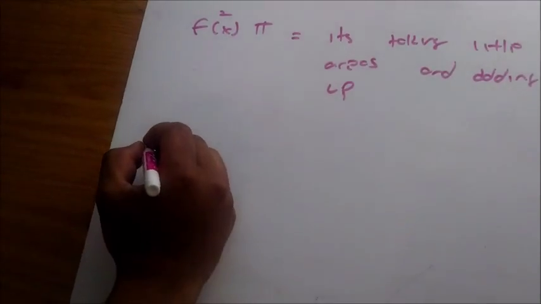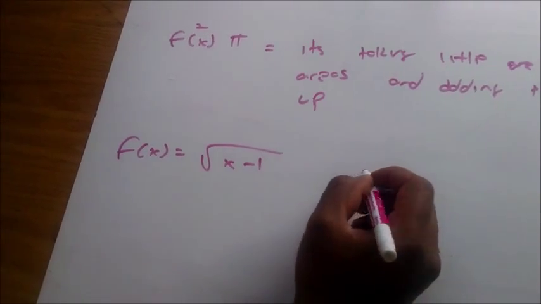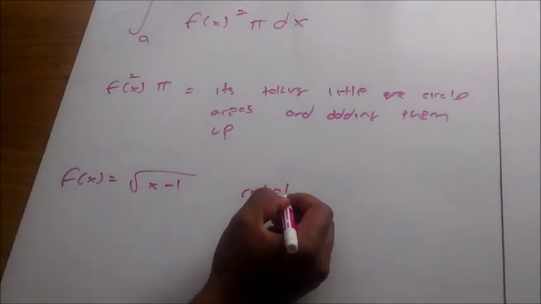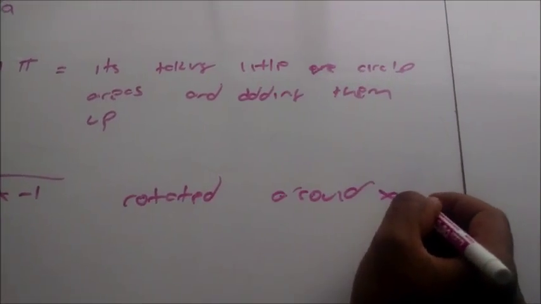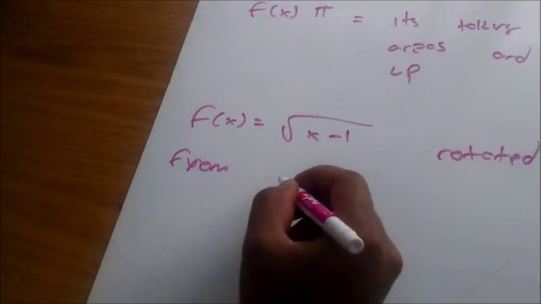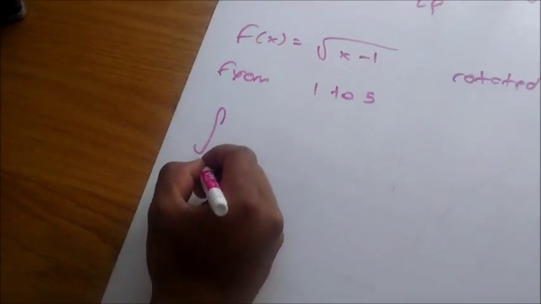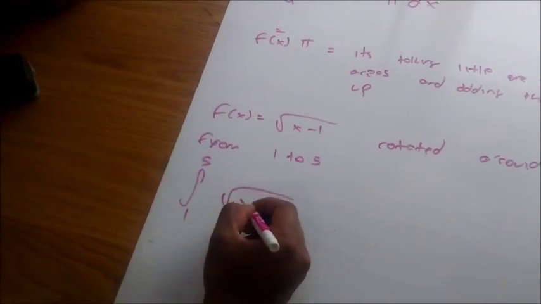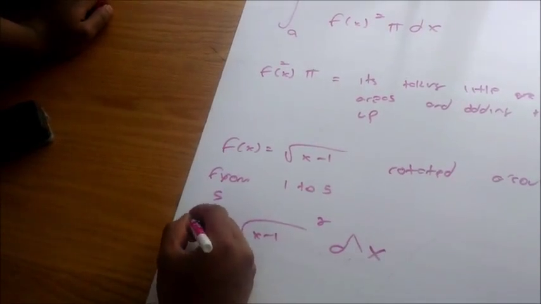So let's do an example. To find the volume of f of x equals square root of x minus 1 rotated around the x-axis from the interval 1 to 5, we would take this integral: 1 to 5 of square root of x minus 1 squared dx pi.